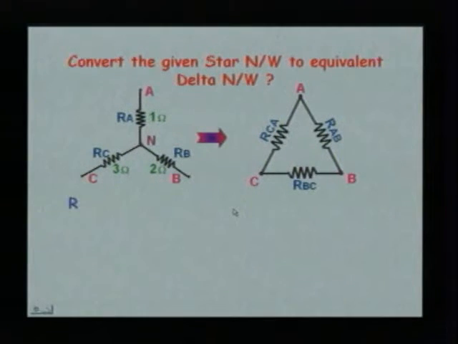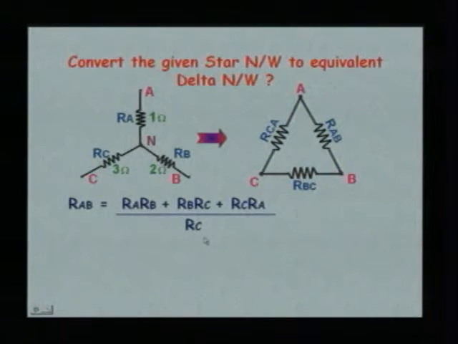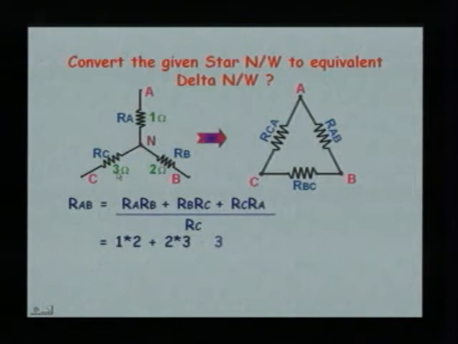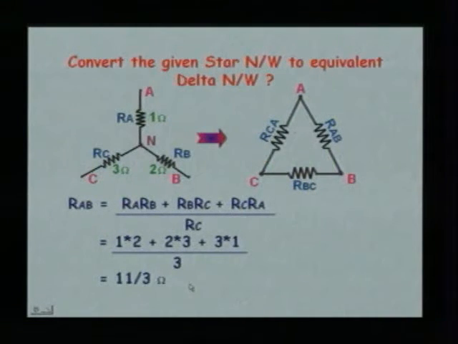We know the formula: RAB is equal to RARB plus RBRC plus RCRA divided by RC, since the arm opposite to RAB is RC. Let us put down the values: 1 into 2, plus 2 into 3, plus 3 into 1, divided by 3. So, we end up getting the value as 11 by 3 ohms.